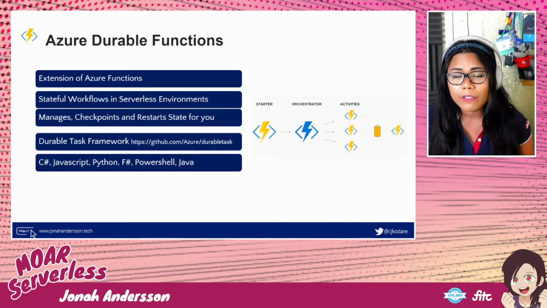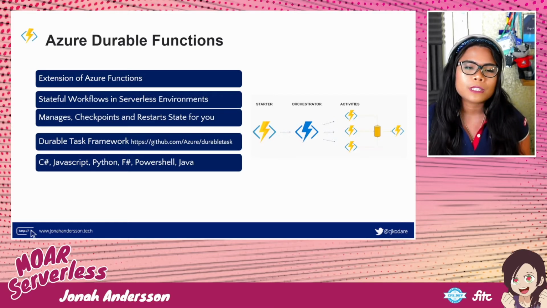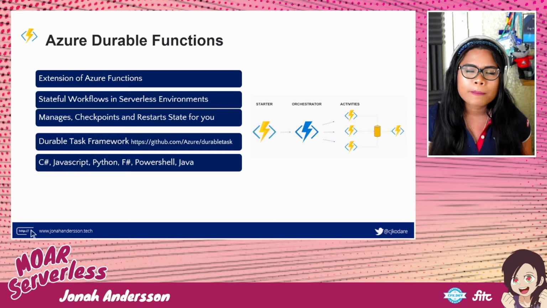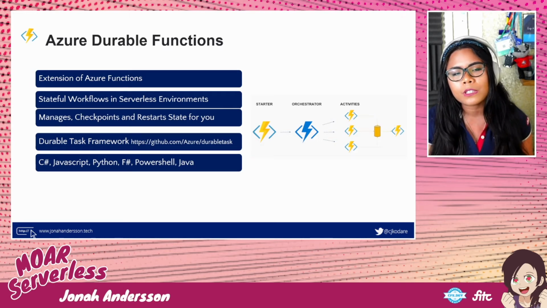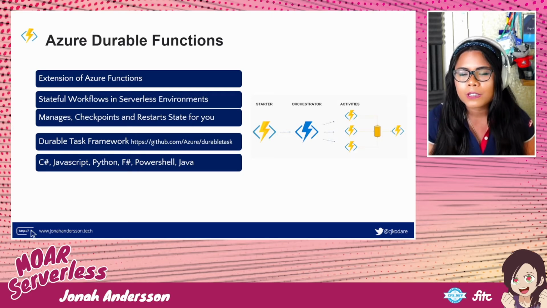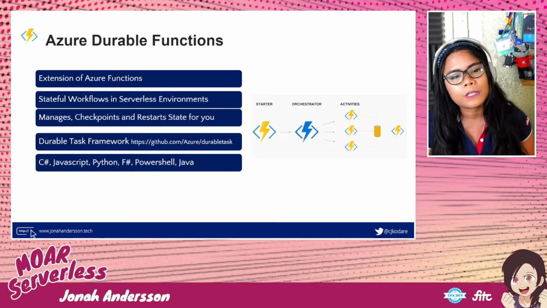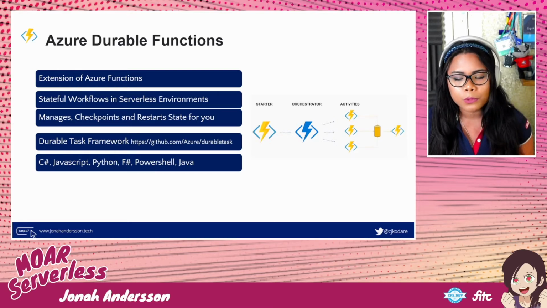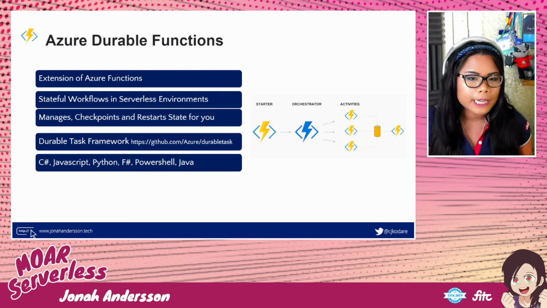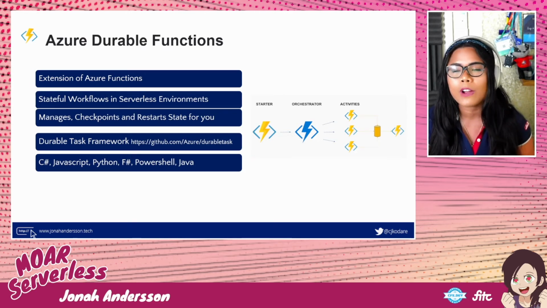Durable functions is an extension of Azure Functions. This means that all the capabilities of Azure Functions are in durable functions, but durable functions are designed for us to work effectively with stateful workflows in serverless environments.